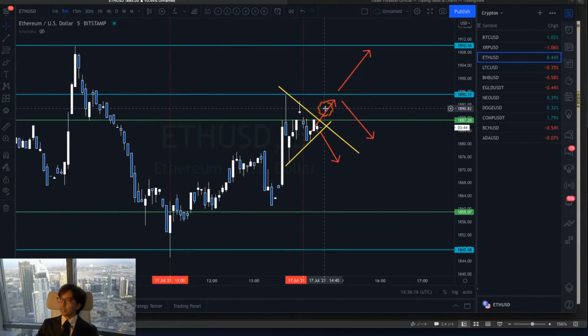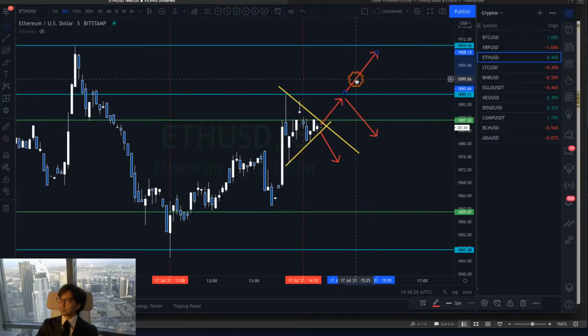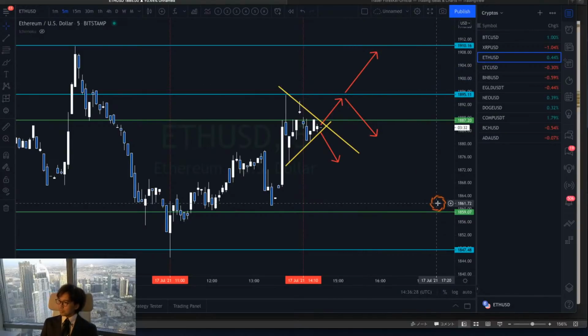Since this is weekend, the market is a bit quiet, but let's see which way it goes in the short term. So as the market goes, you redo the lines and you create different scenarios, and yeah, this is very important.